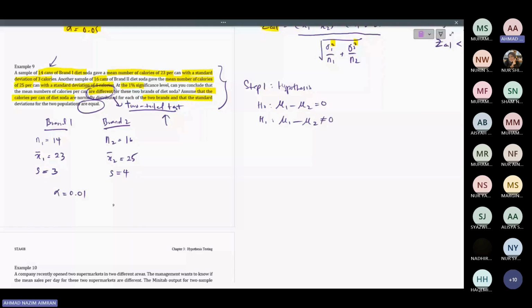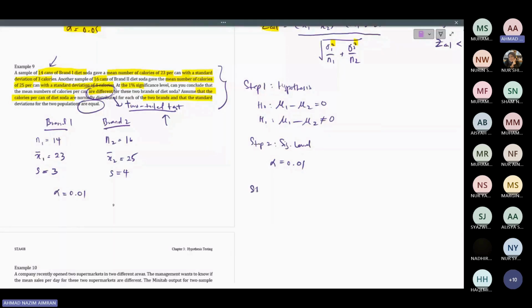It's different lah. So this is meant by the different. Not equal to 0 is different. And step 2 is the significance level. In our case, the significance level is alpha equal to 0.01.